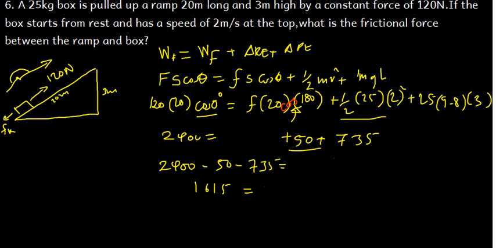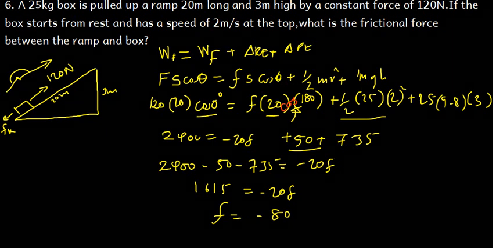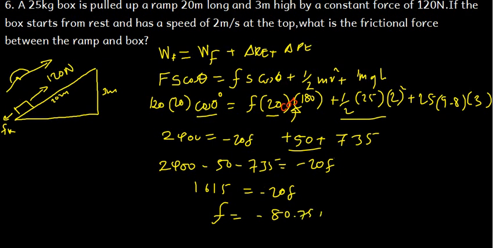So 20 cos 180 is negative 20, so that is negative 20f. So therefore the friction is going to be equal to 1615 divided by negative 20, which is giving negative 80.75 newtons.